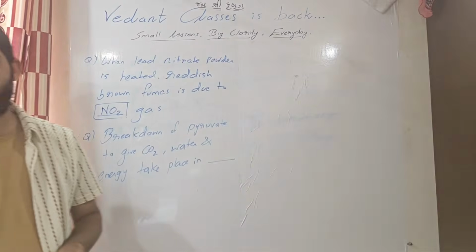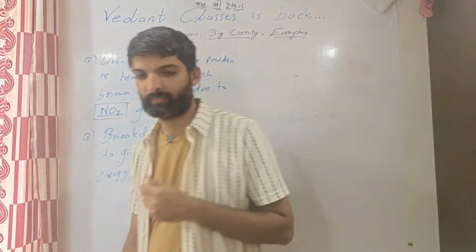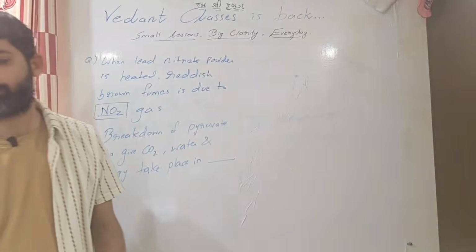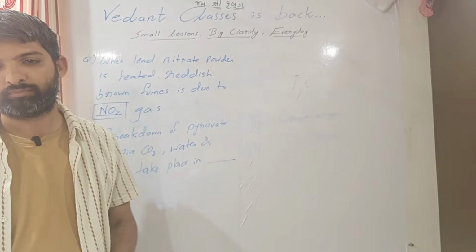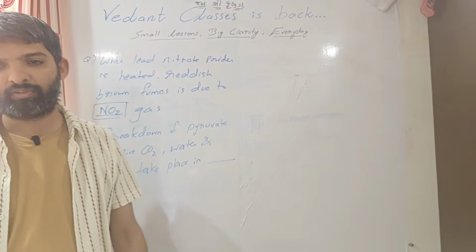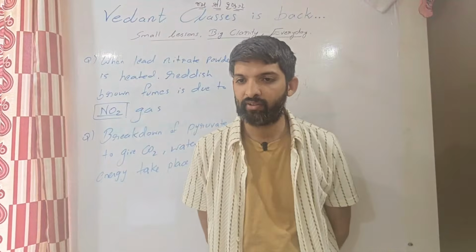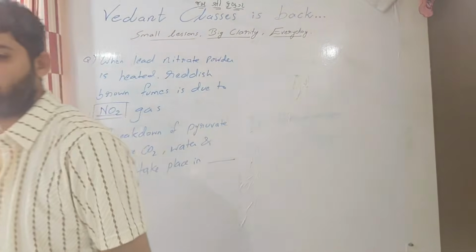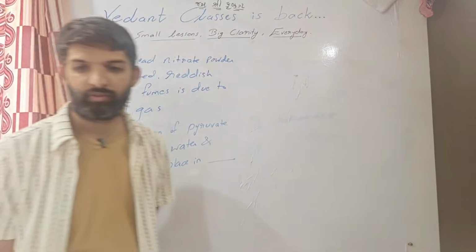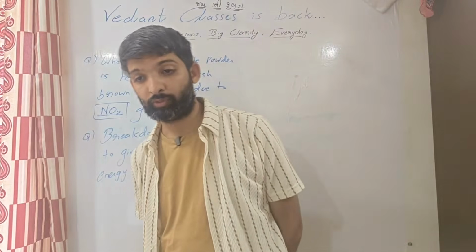It takes place in what? Breakdown of pyruvate to give CO2, water and energy. What do you want to write in this? Where does it take place? Aerobic respiration, in the presence of oxygen, okay.